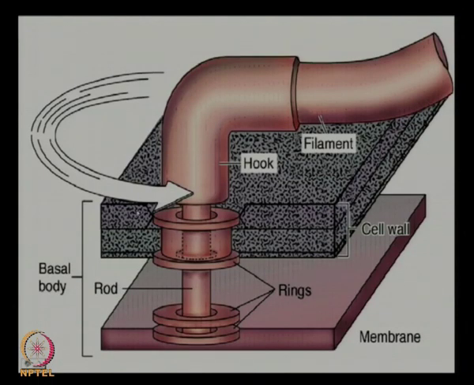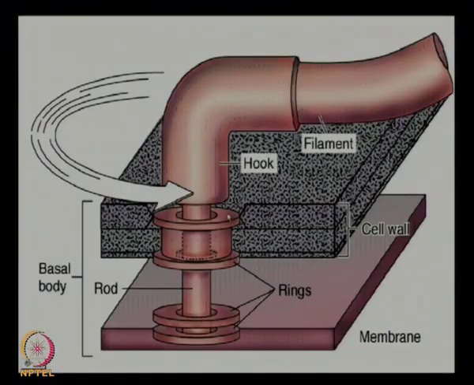Just imagine how thin this filament is, which is attached and which can rotate. If we see the arrangement, this is the cell wall and this is the cell membrane, and in this way this flagella is inserted inside the cell wall. Here the O ring, to which this hook and filament is attached, has the capacity to move 360 degrees.